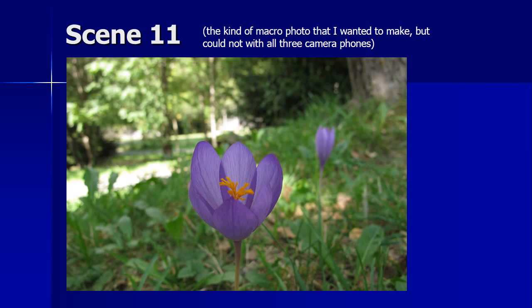This was taken with my Canon G12, which has a special setting to only select a very small point of focus. And I couldn't take this photo with either of the other camera phones because it was not possible to control the focus.